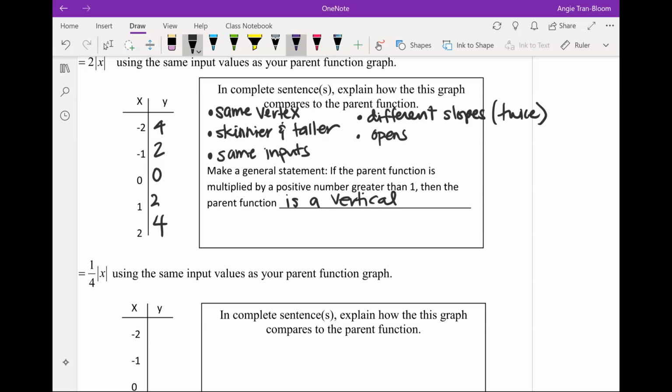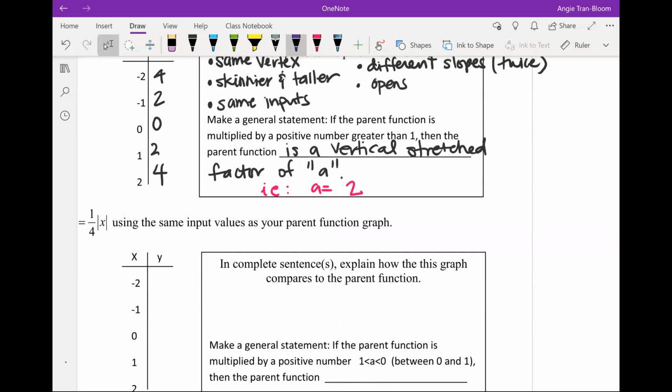Okay, so we call it a vertical stretch. And we use this fancy word called factor over a. What's the a value in our example? In this example, a was what? 2. So on an assignment, when I ask to state the transformation, we would state vertical stretch factor of 2.